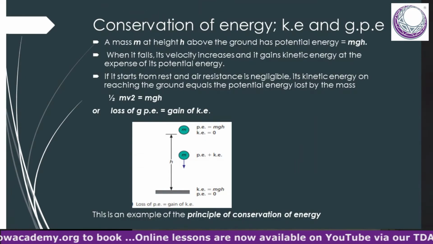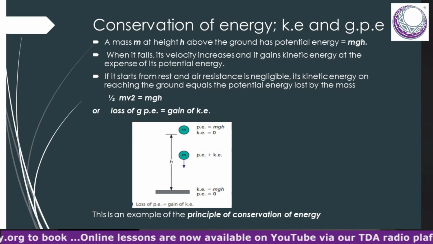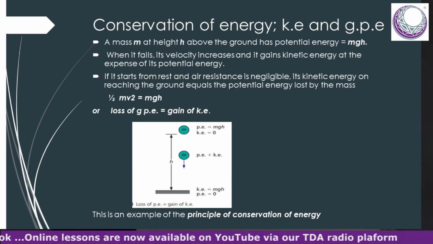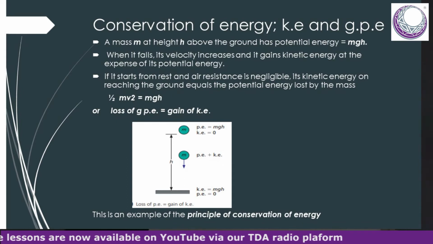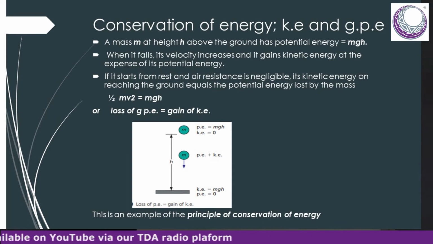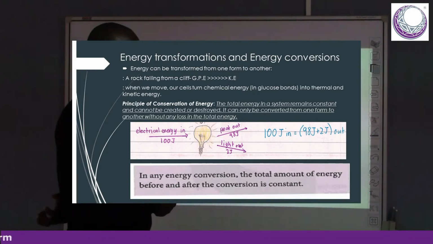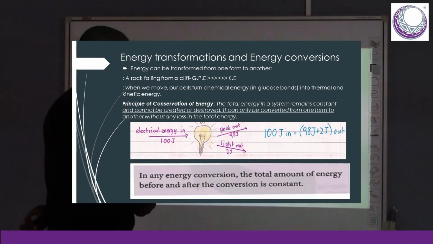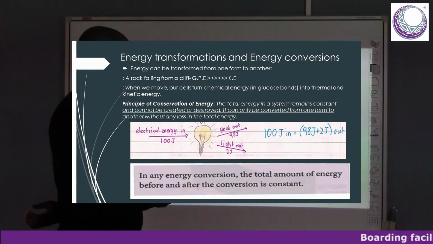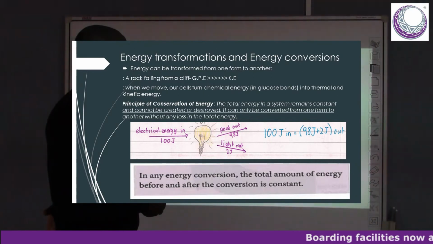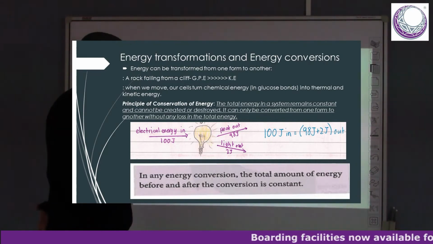We move on. We are now using the principle of conservation of energy in a calculation. Remember, we talked about it. If we can go back a bit to the principle of conservation of energy, where we are on this slide, where we said the energy of a system remains constant. Energy cannot be created or destroyed, it can only be converted or transformed from one form to another. Where do we use this now?